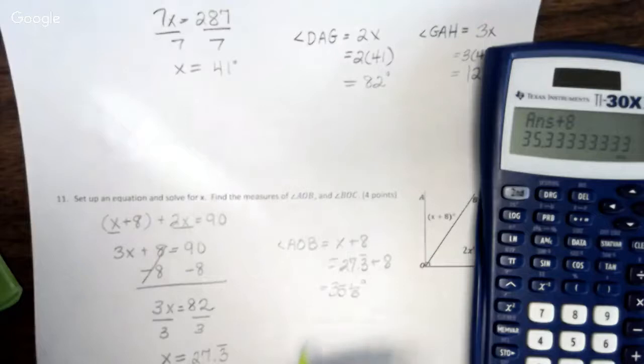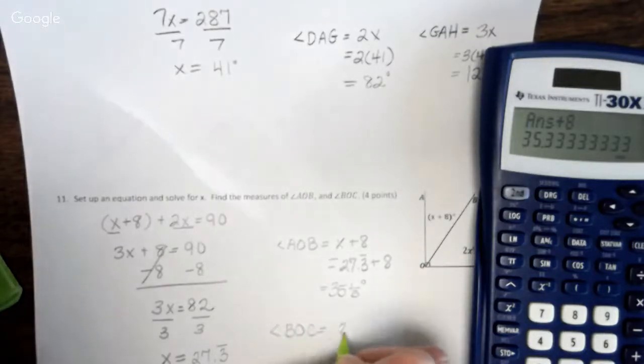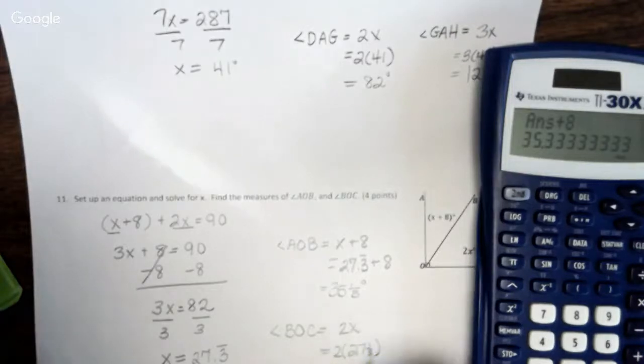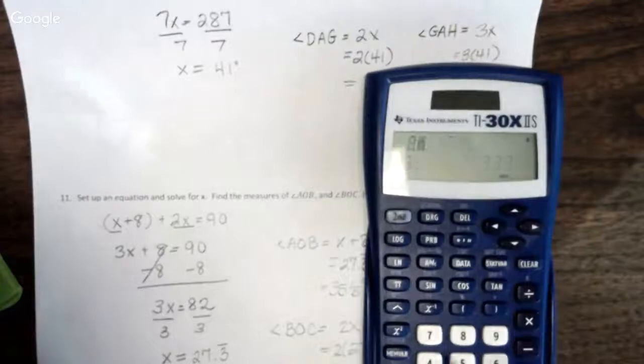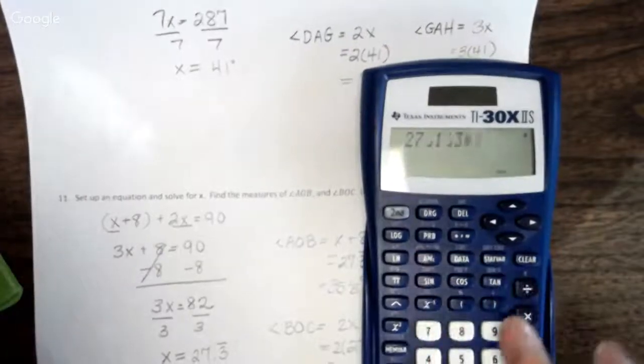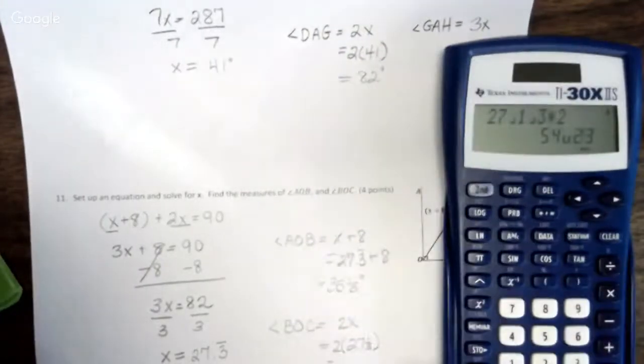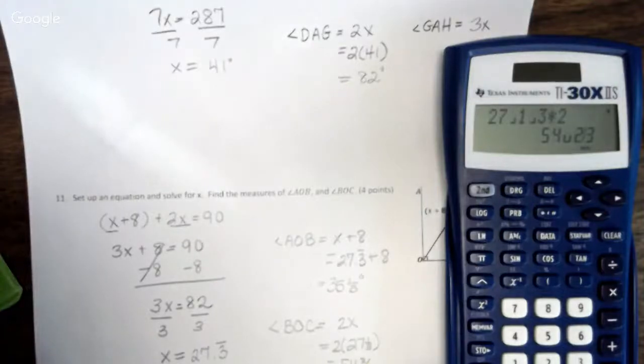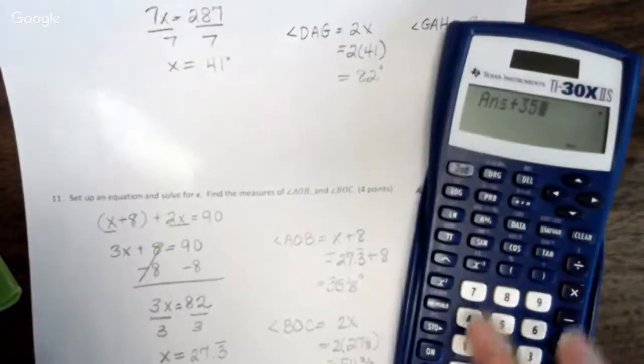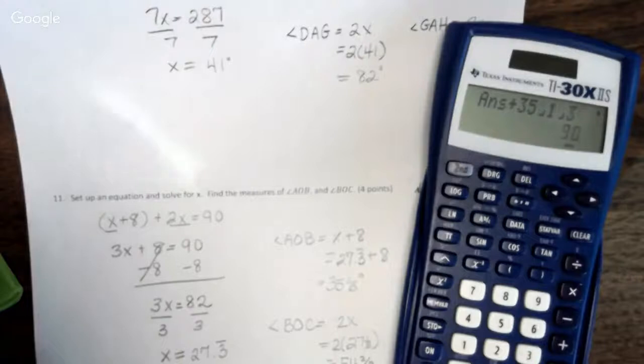It's the same thing. All right, and BOC is 2x. So 2 times 27 1/3, or 27.3 repeating, is 54 2/3. I'm just going to add 35 1/3 to make sure that that really does add up to 90, and it does.